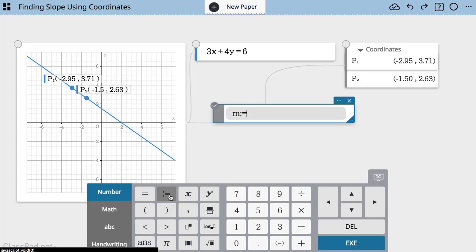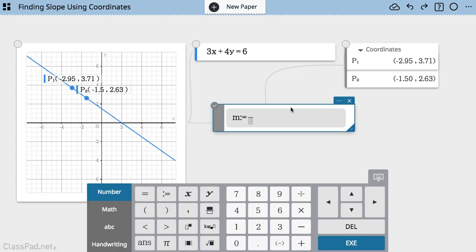So I want to define m, our slope, as, and instead of typing in those numbers, 3.71, negative 2.95, and so on, because those are decimal numbers that are rounded and not the actual number itself, I'm going to choose y and type in y sub 2.